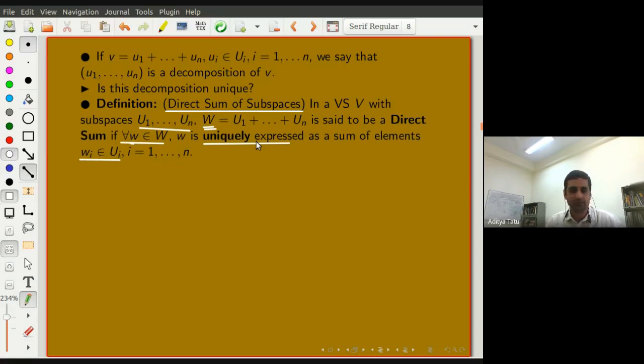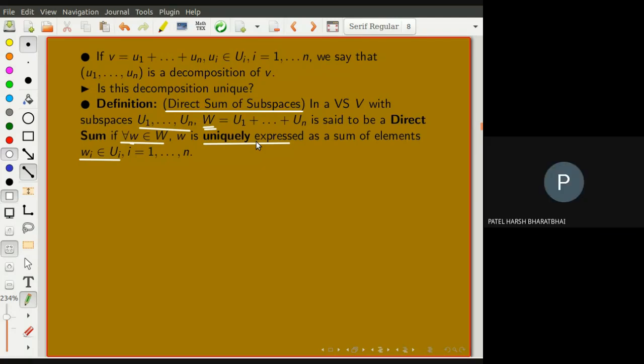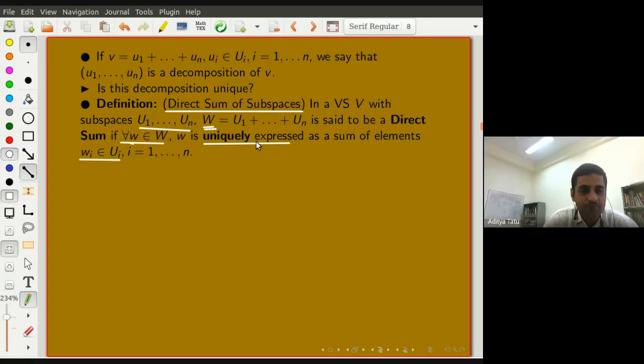So is the definition understood? Yes, sir. Okay. Now let us figure out under what conditions the sum of n subspaces is going to be a direct sum of subspaces.